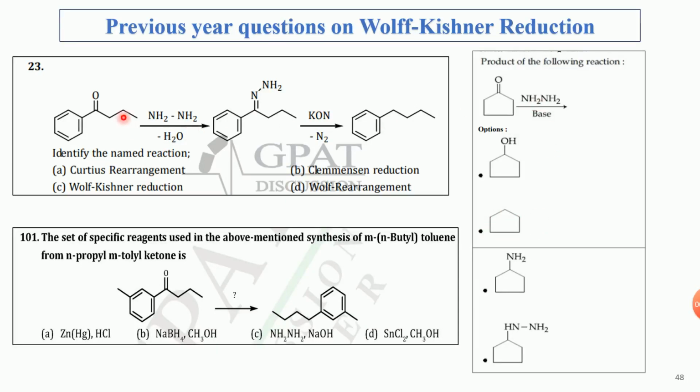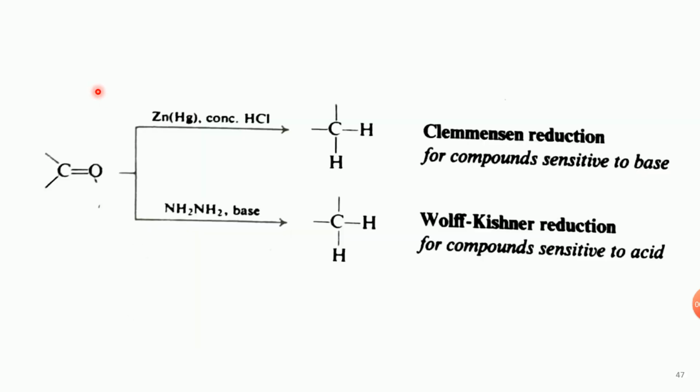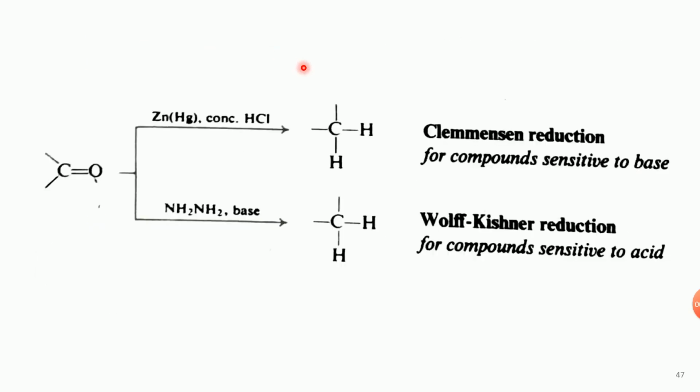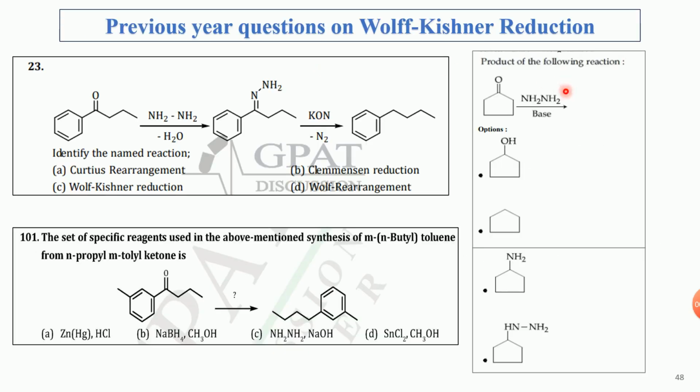In this Wolff-Kishner reduction and Clemmensen reduction, the change happens only at the carbonyl functional group, which is converted into a CH2 group. So the change should be only here. If you see here, the change is correct, and the carbonyl functional group is converted into CH2, that is the methylene group.